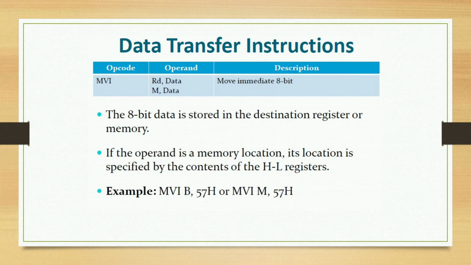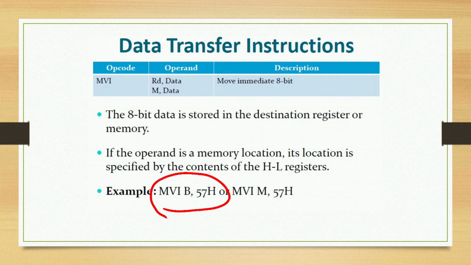Next instruction is MVI RD, data. MVI indicates move immediate data, meaning the operand consists of certain data. Consider an example, MVI B, 57H. H indicates hexadecimal.